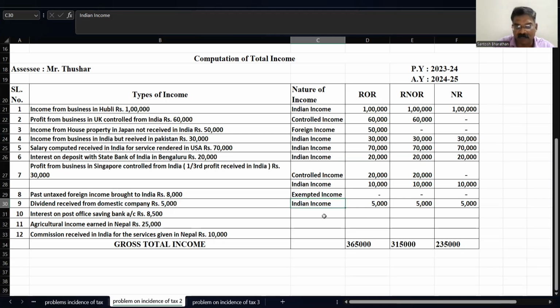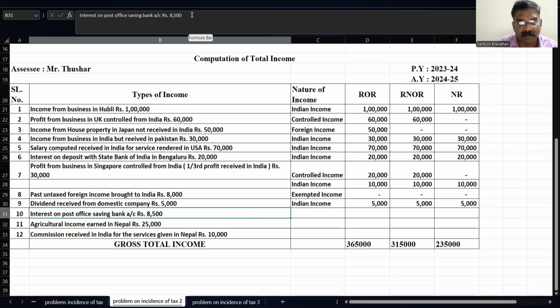Interest on post office savings bank account, 8,500. See here there is an exemption of 3,500. Any interest received from the post office, there is an exemption that I am going to mention here. According to the IT Act, 8,500 minus 3,500. 3,500 is an exemption amount according to the Act.